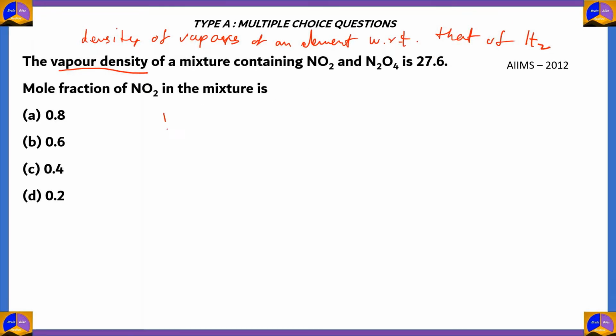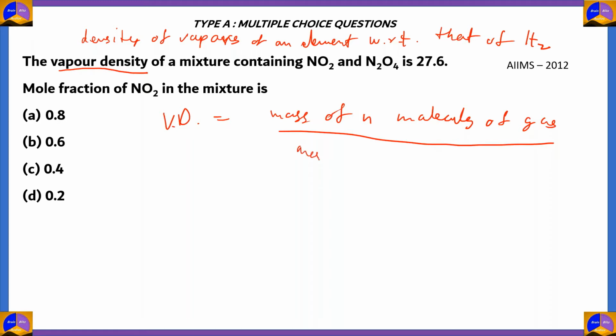And it can be calculated as vapor density is equal to mass of n molecules of gas divided by the mass of n molecules of hydrogen.